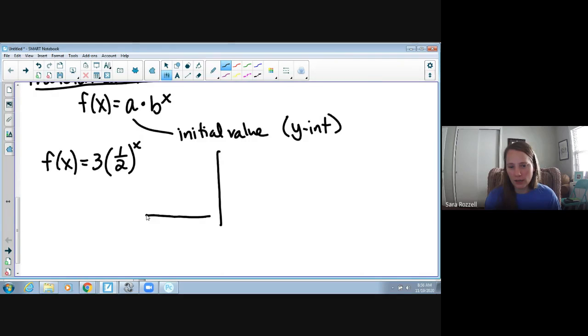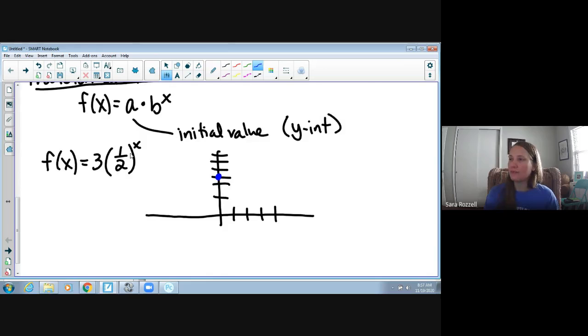I'm not going to do any negatives because I don't need any in this problem. So just looking at this, we can see our initial value is 3. That's going to be our starting value. That's our y-intercept.